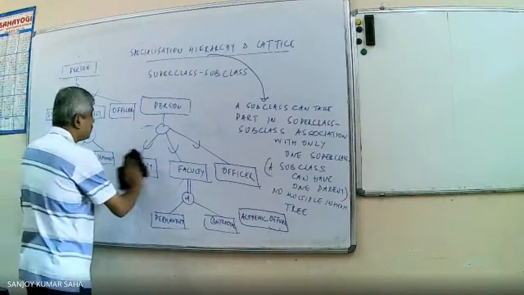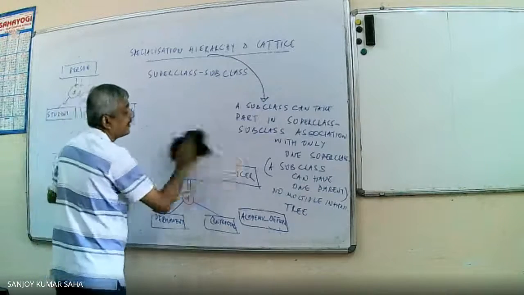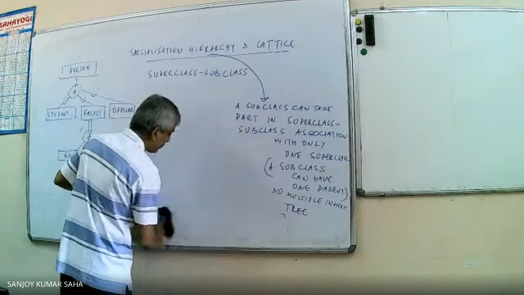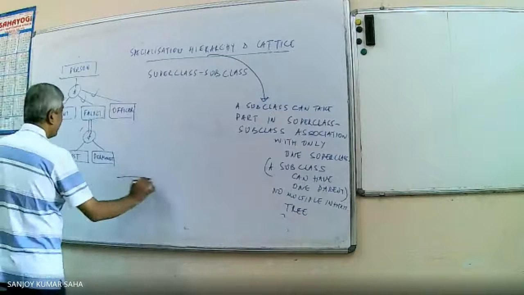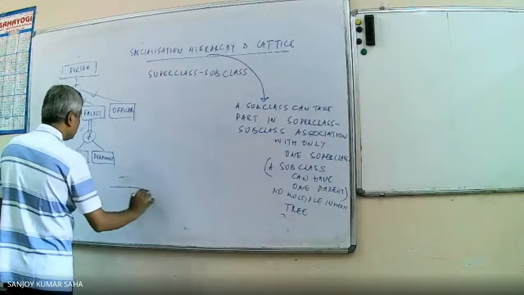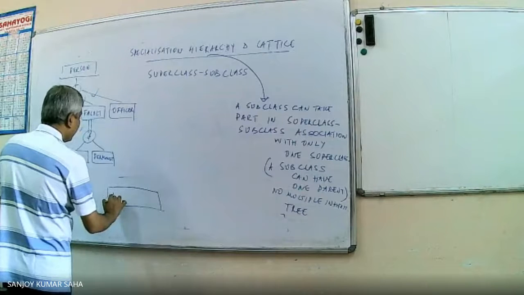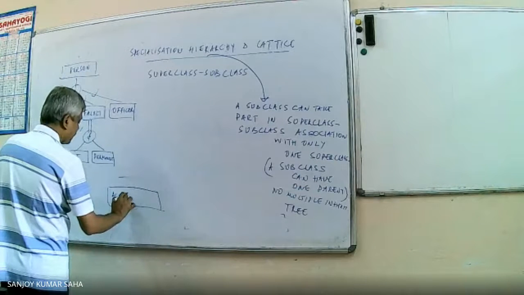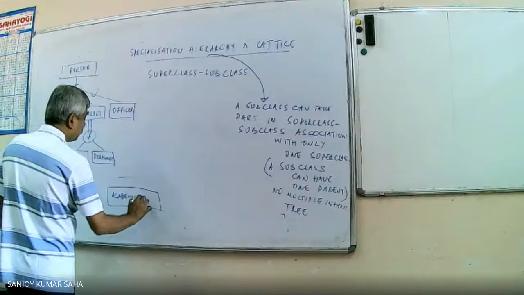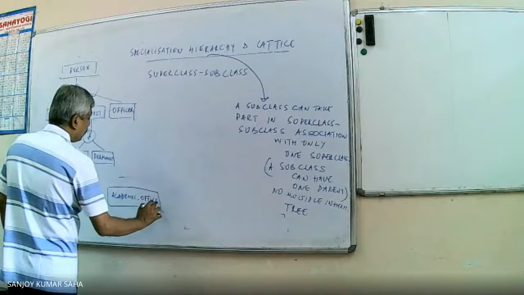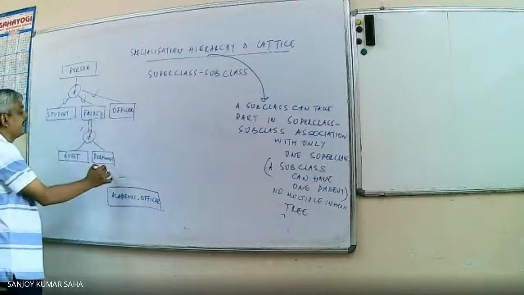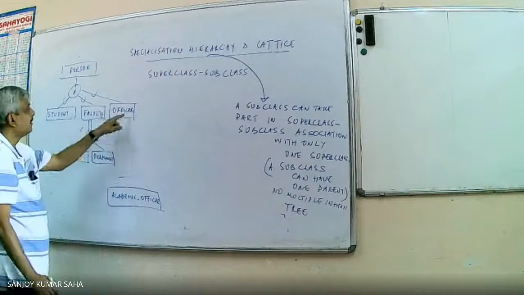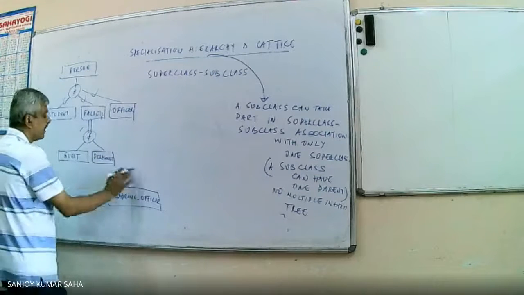Now suppose we find that there is another subclass, say academic officers, which have the features of both a permanent faculty and an officer.